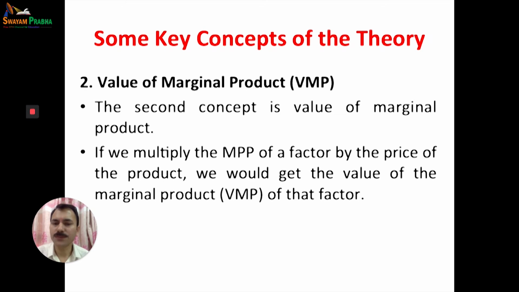VMP, the value of marginal product, is equal to MPP, marginal physical product, multiplied by AR, its price.